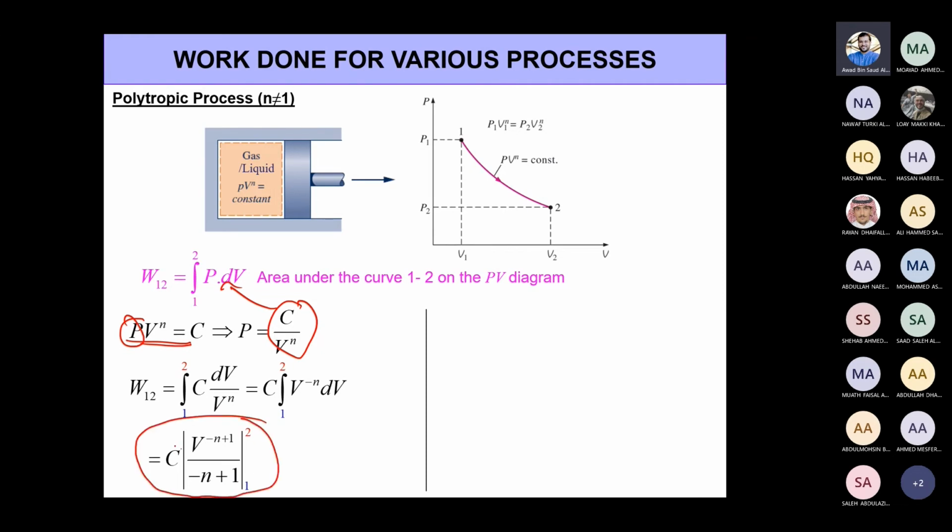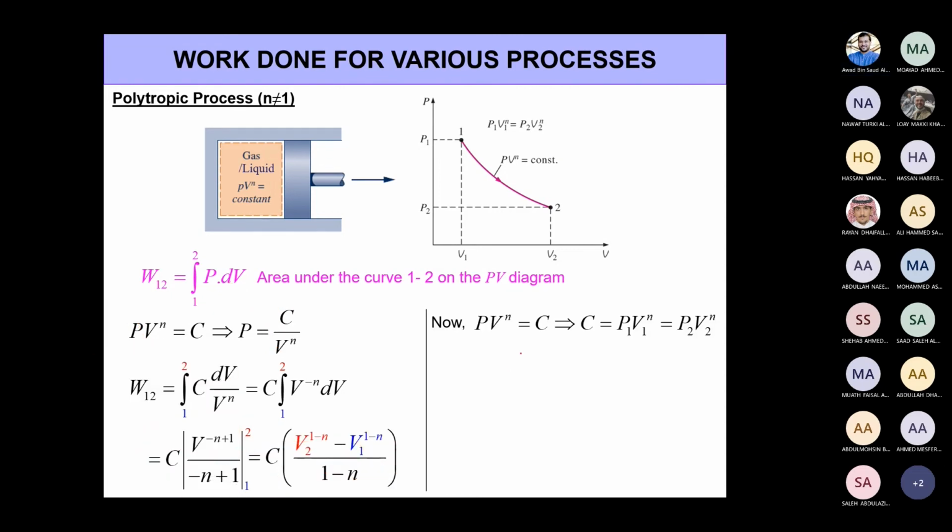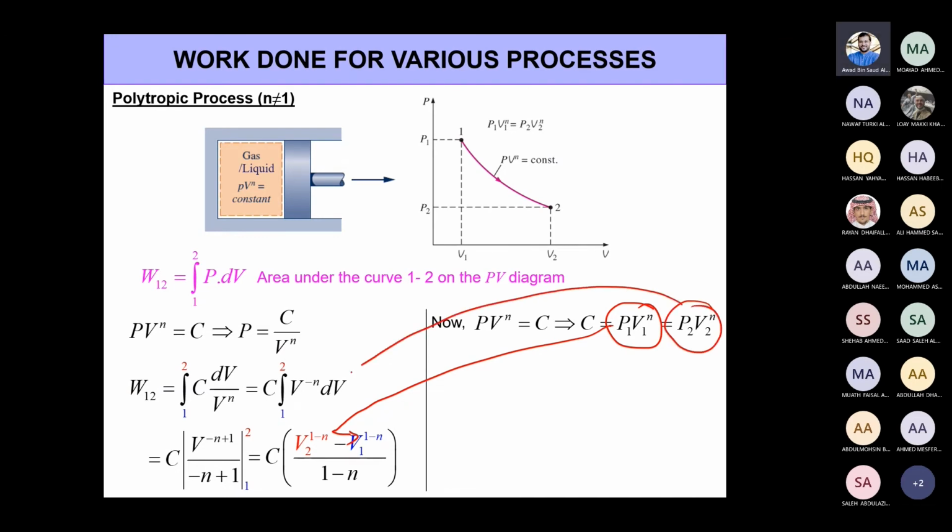Now all we need to do is to replace C. C, as we know, is PV^n, a constant, right? So I can write P1 V1^n is going to be equal to that constant, and it's also going to be equal to P2 V2^n. That's roughly the idea, and we're going to replace C with P1 V1^n when C is multiplied with the second part, and with P2 V2^n when C multiplies the first part.